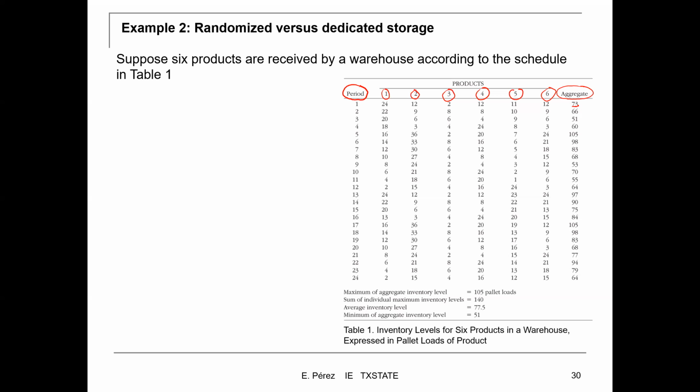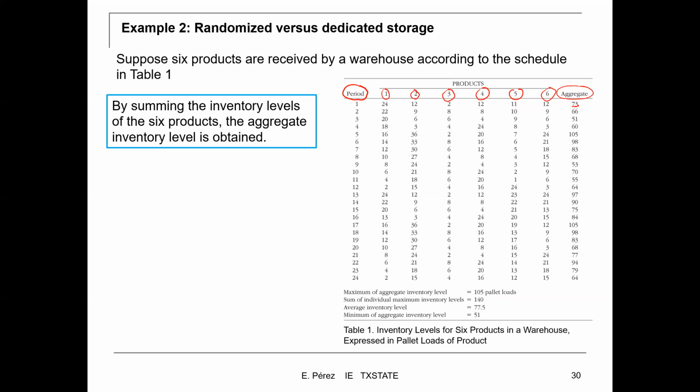Okay, and that is repeated for each period. So again, by summing the inventory levels of the 6 products per time period, the aggregate inventory level is obtained. So 24 plus 12 plus 2 plus 12 plus 11 plus 12 equals 73.